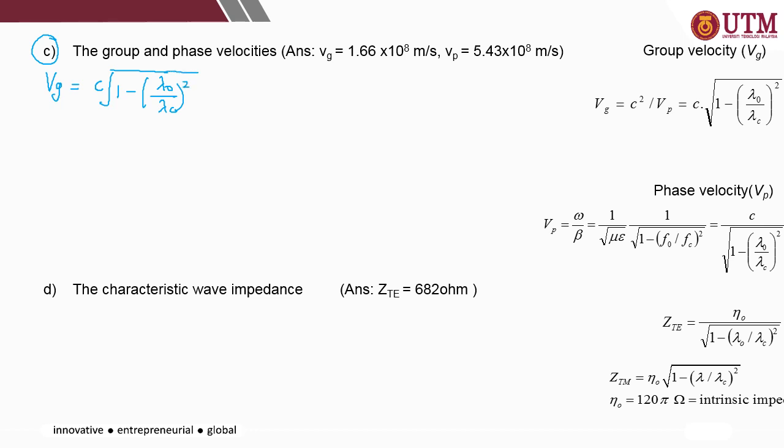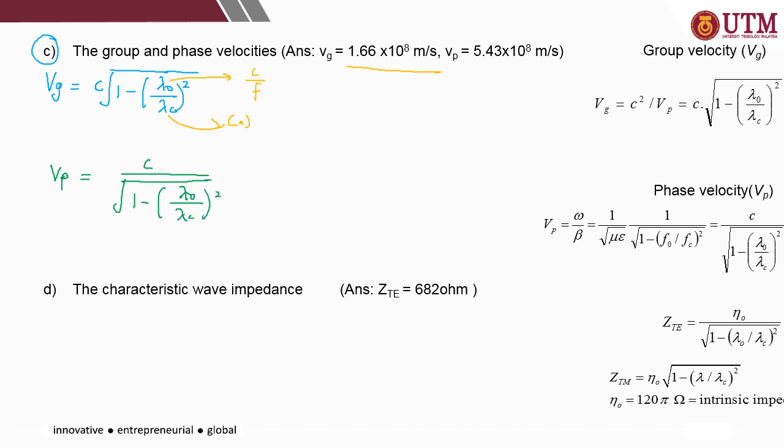Right, c is the speed of light, lambda naught you have calculated from question B, c over f. Lambda c you have calculated in A, so you can get the Vg straight away. Right, for Vp, same steps. So Vp equal to c over the square root of 1 minus (lambda naught over lambda c) squared.